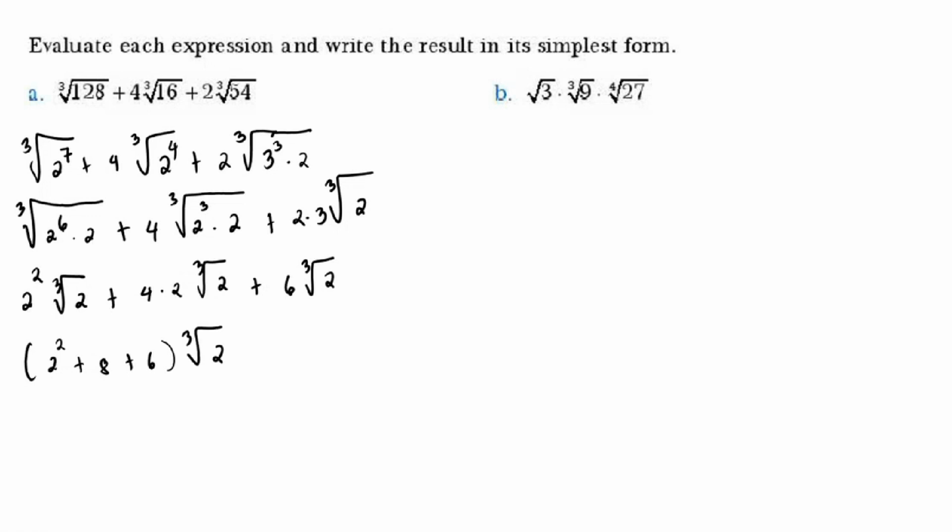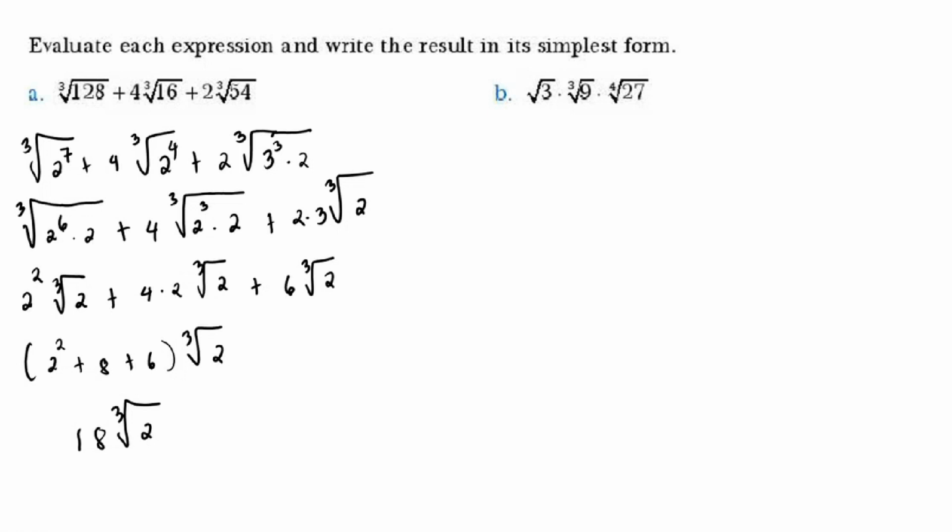So simplifying this further, we have 2 squared is 4 plus 8 plus 6. We have now the coefficients of 18. So the sum of this is 18 cube root of 2. Okay?